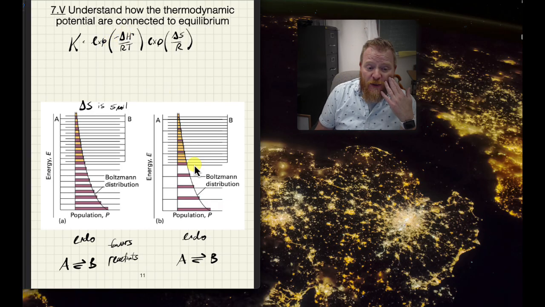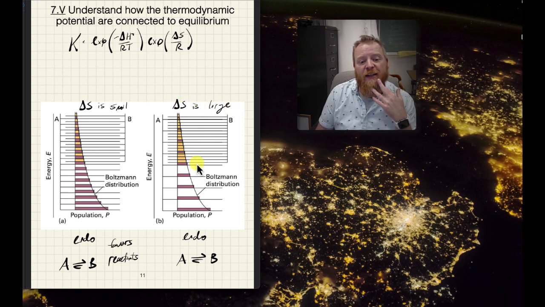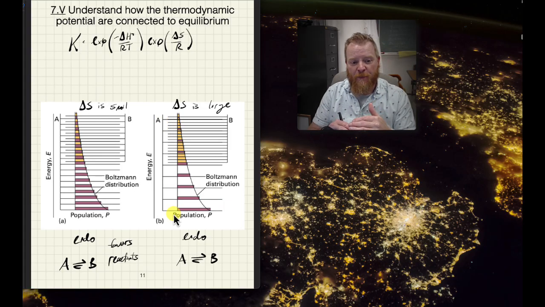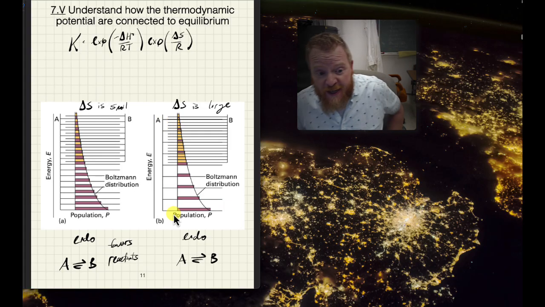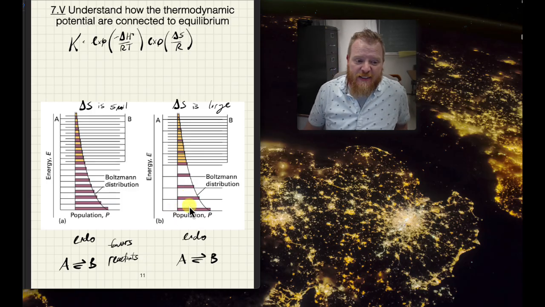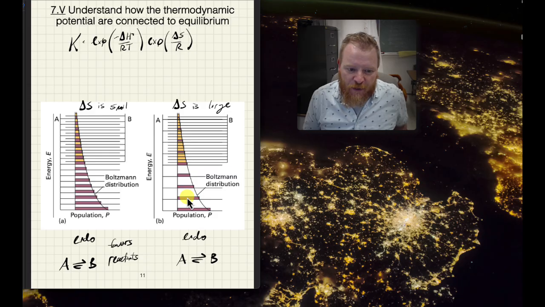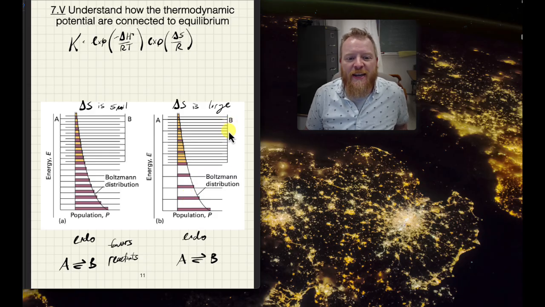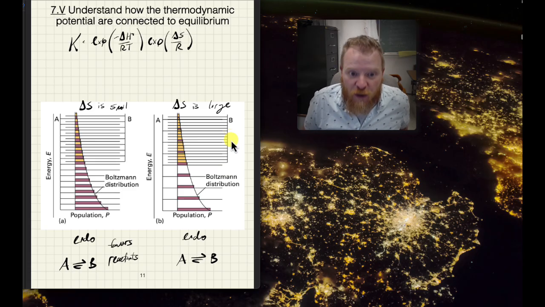But now if we look at this expression here, we can see delta S is large. And we can recognize that it's large because A has a very small number of microstates with the way that these levels exist here. So the levels aren't packed as tightly together. But you can see B still has a large number of states packed tightly close together.